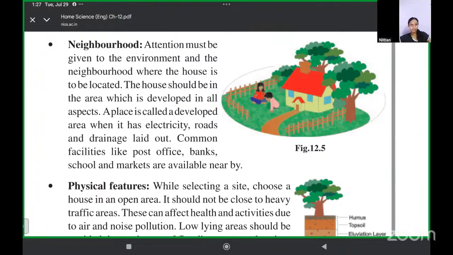So it should have electricity, roads, and a drainage system. Then common facilities. What are the common facilities that we need all the time? We need post office, banks, school, markets. These have to be near your house or neighborhood. Also, a good neighborhood is essentially a developed neighborhood.